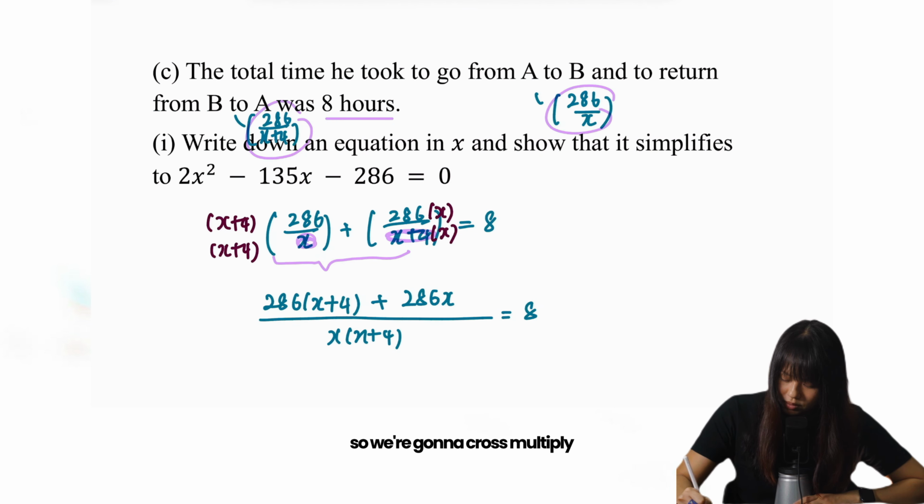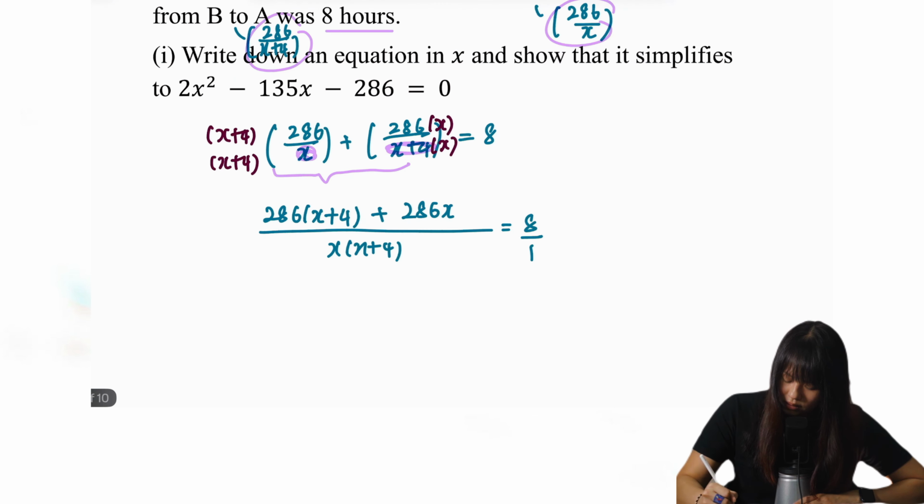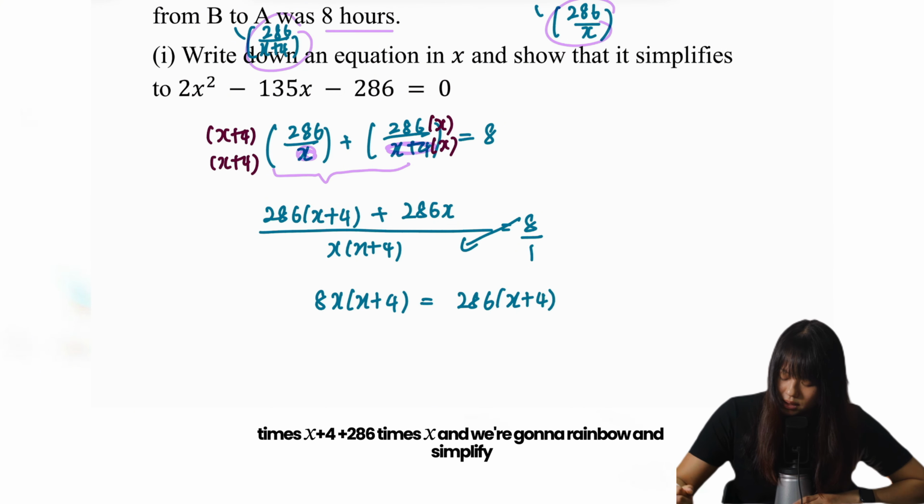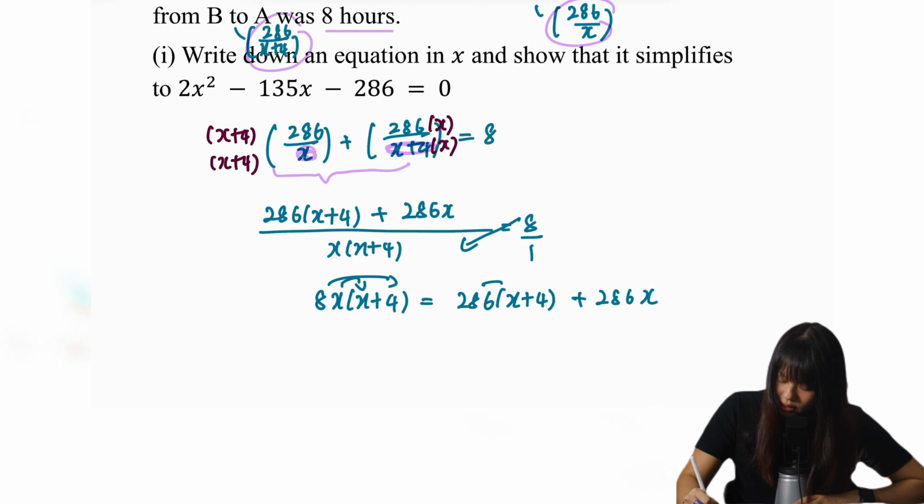So we're going to cross multiply. We'll get 8 times x times x plus 4 equal to 286 times x plus 4 plus 286 times x. And we're going to open up and simplify.